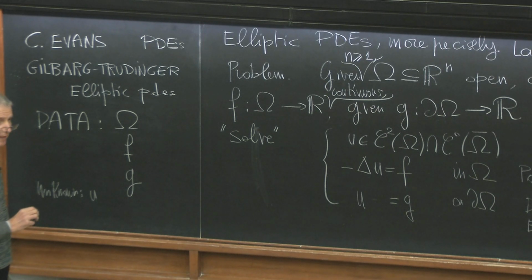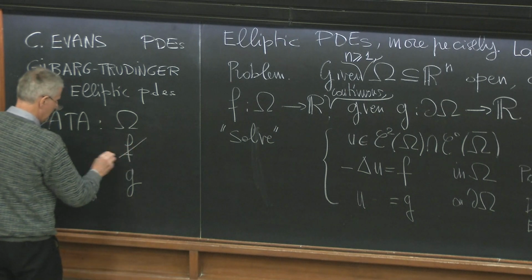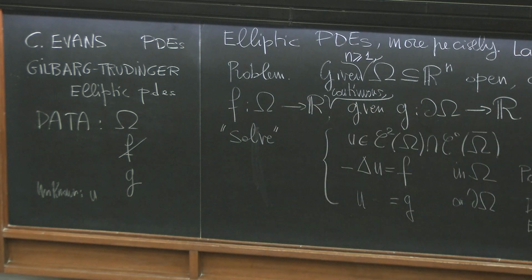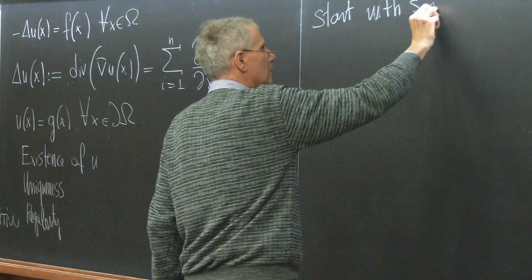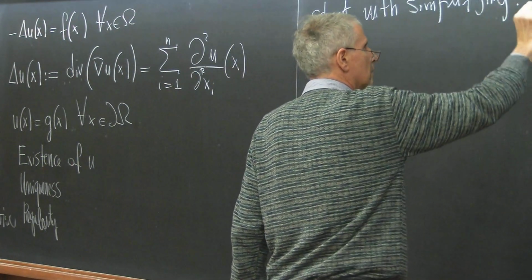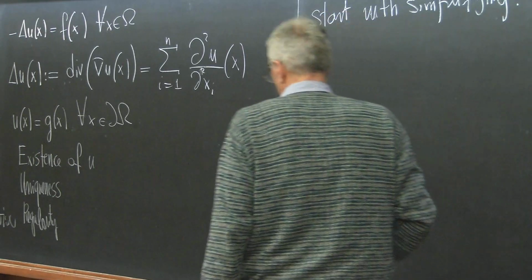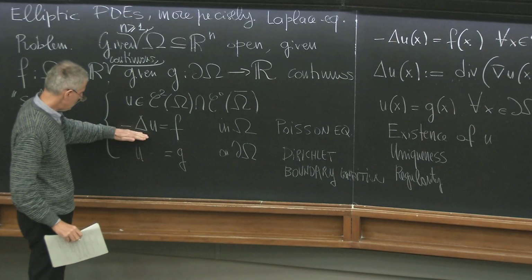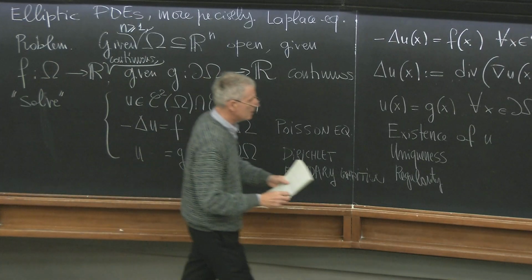Let's start with simplifying it. So we put f equals 0. The f here is assumed from now on, for some time, to be identically 0. So this PDE becomes minus Laplace of u equals 0.